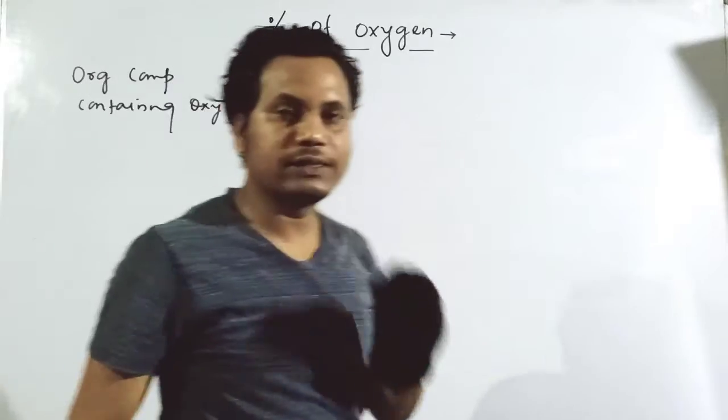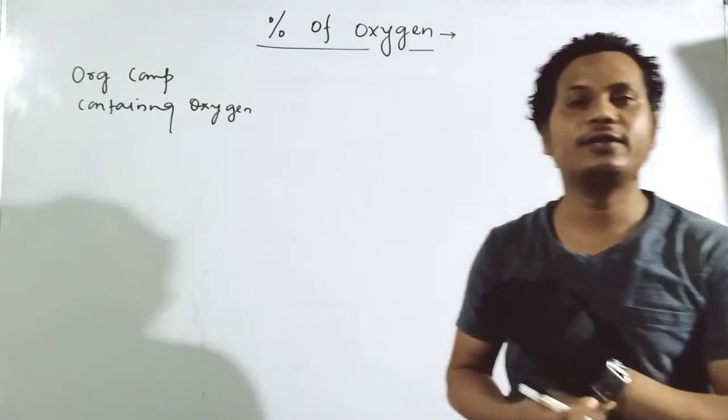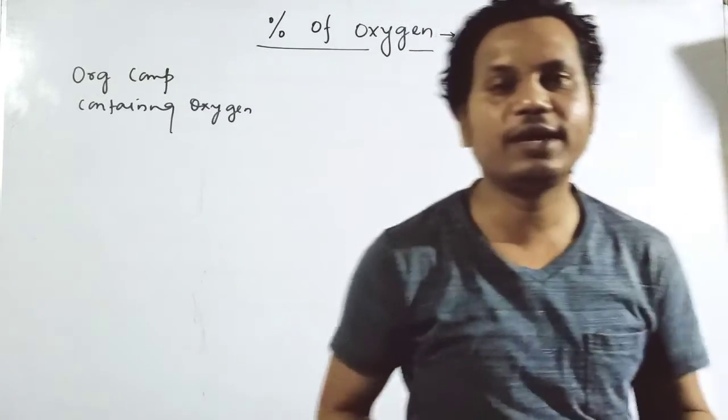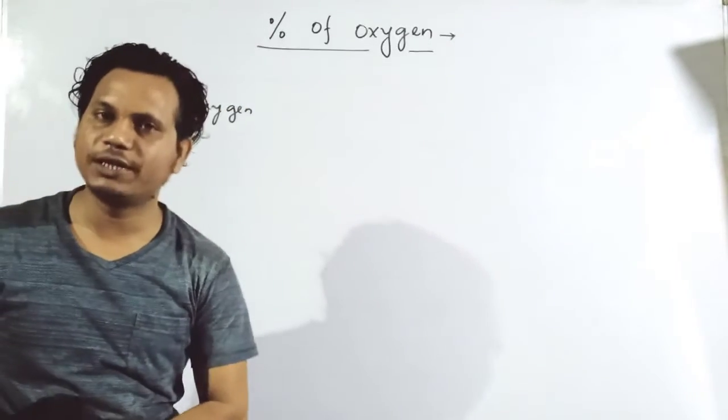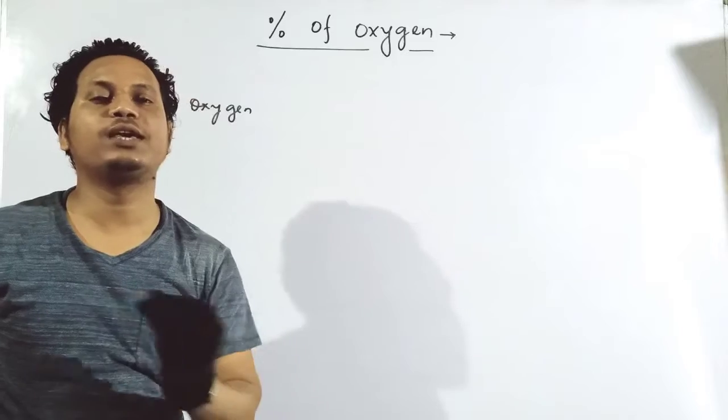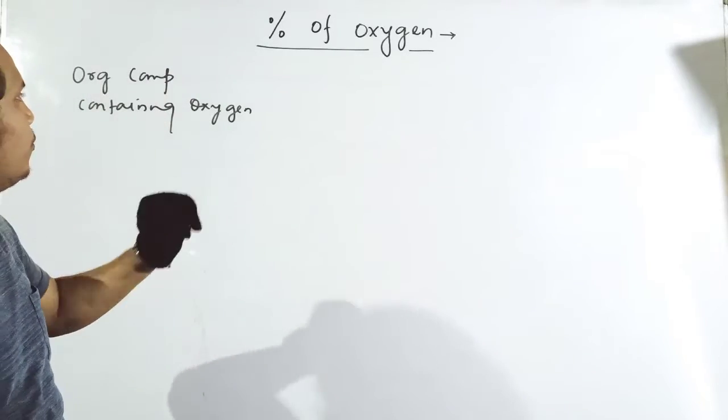Oxygen should be present in the organic compound, then only can we calculate how much mass of oxygen is present, and from that the percentage of oxygen.